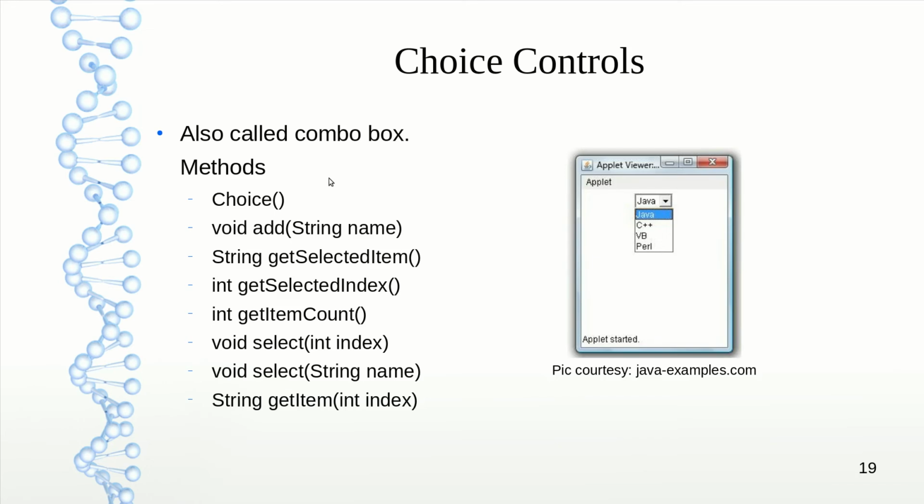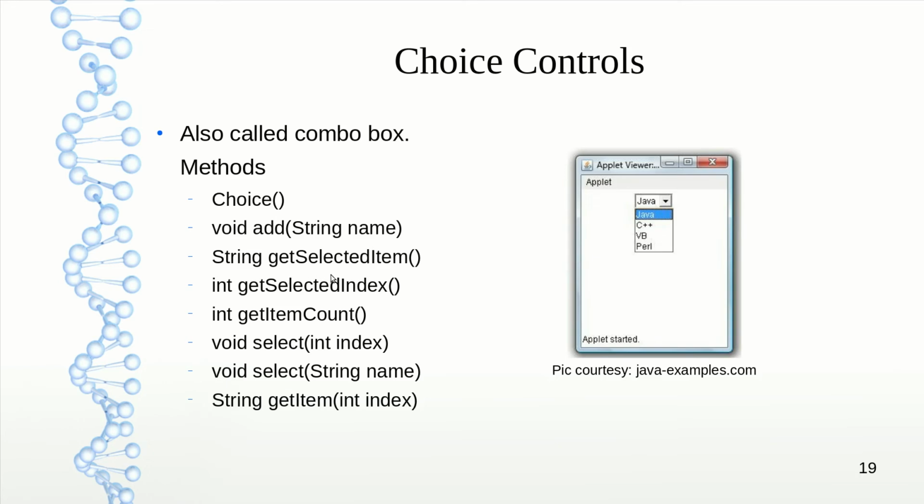In order to add the different strings to this combo box, we have the add method, and the signature of the method is void add(String name). That is, whatever string is passed to this method will be added to the choice box.